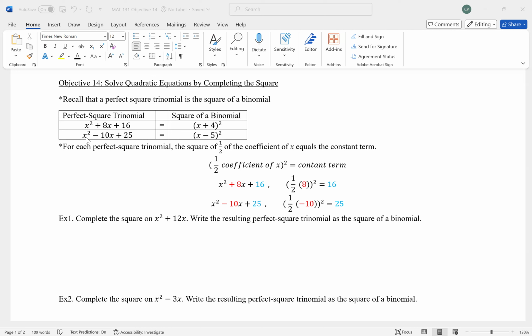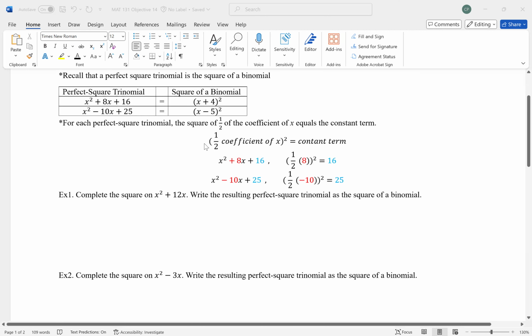So we have another one. We got x squared minus 10x plus 25. Of course, if we broke down the first and the last one, and we take the sign of the middle term, we would get x minus 5 squared, okay?